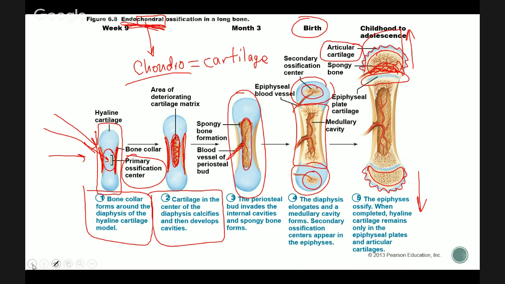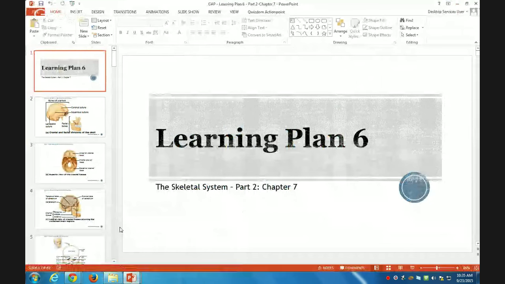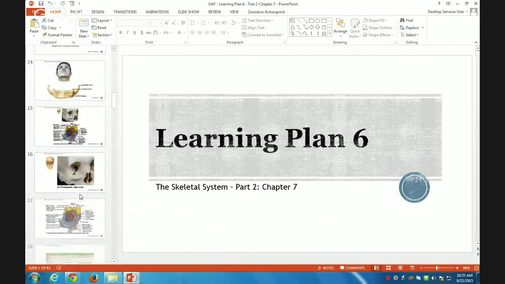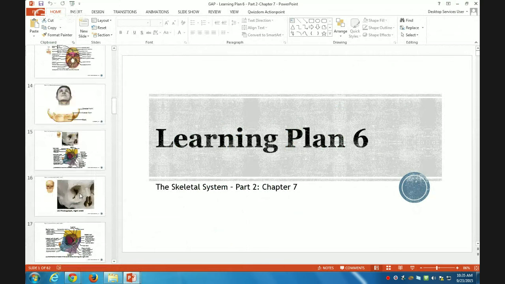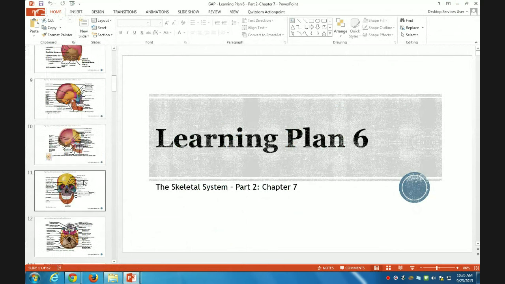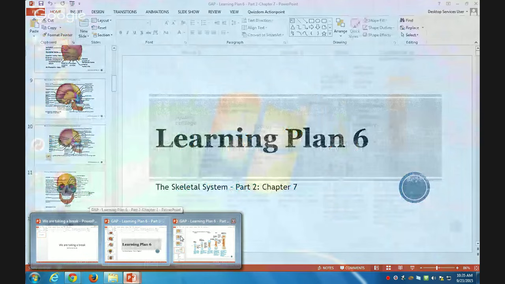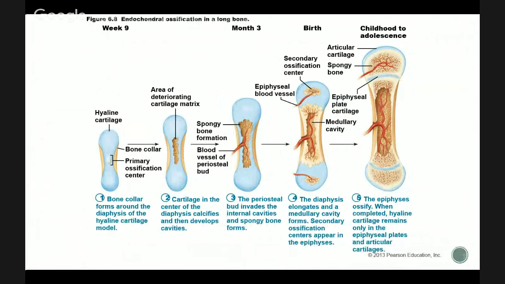So let me see if I can find a different one. I don't know if I have it of the skull of the infant. Does someone have their book that I can look in, chapter 7? Someone got it close?